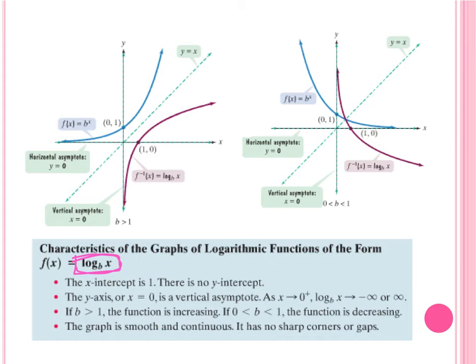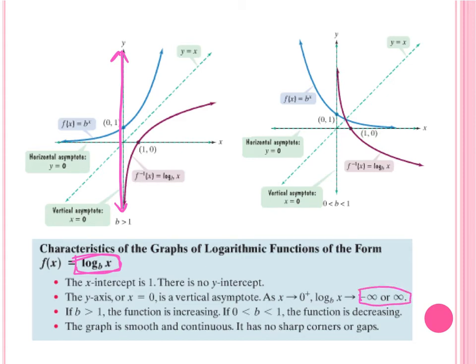So the y-axis, or x is equal to 0, is a vertical asymptote. So this y-axis here is our vertical asymptote. We're going to get really, really close to our y-axis, but we're never going to touch. As x approaches 0 on the positive side, our log base b of x is either going to approach -infinity or infinity.